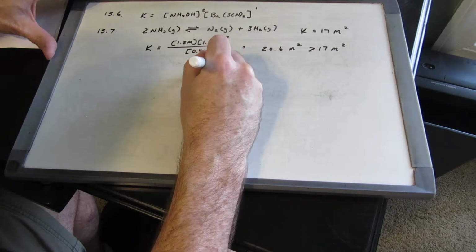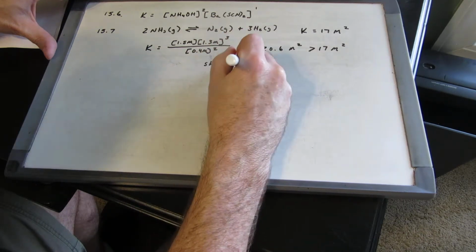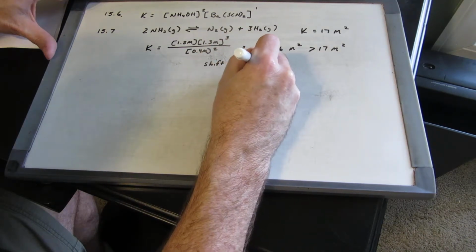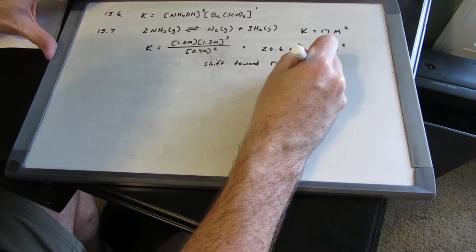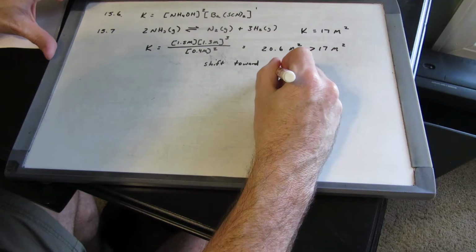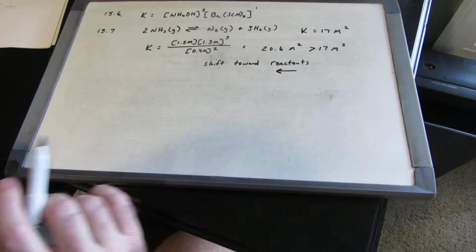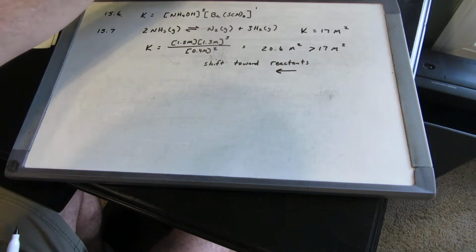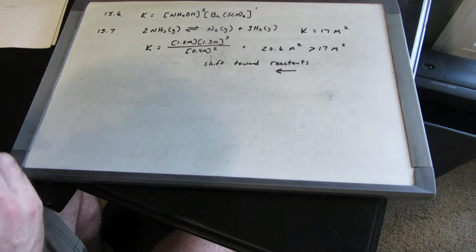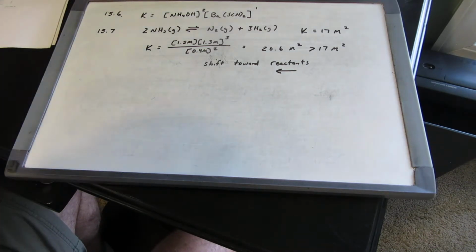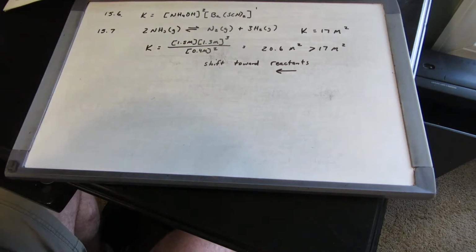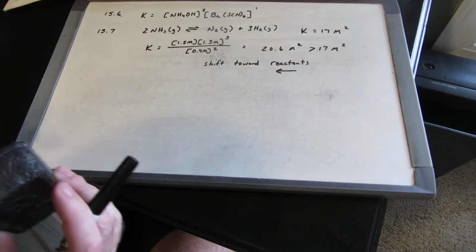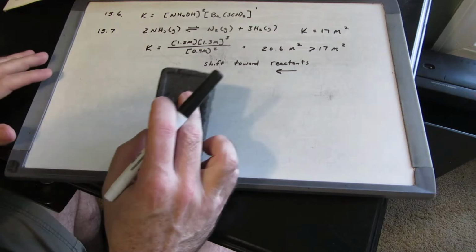So it must shift towards the reactants. So you could write that with a left arrow. All right, so that is the math for this chapter. Everything else is just concepts.